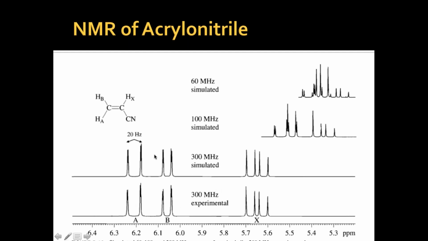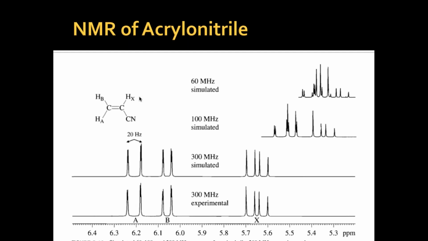All right, let's talk about the NMR. You can see I labeled the protons A, B, and X. Remember, we are talking about the protons. There are two kinds of NMR, proton NMR as well as carbon NMR. So the proton NMR is this.